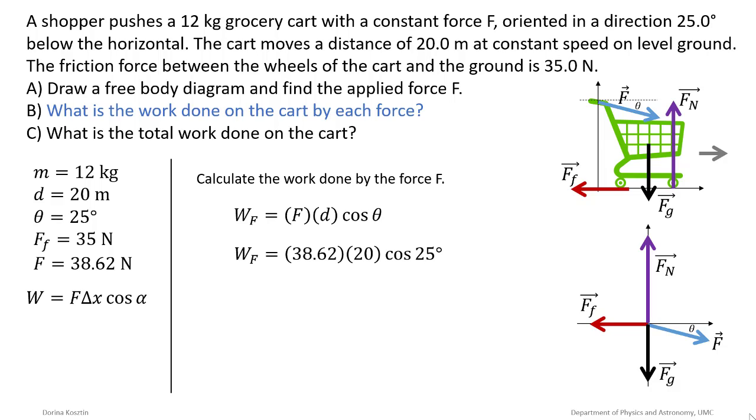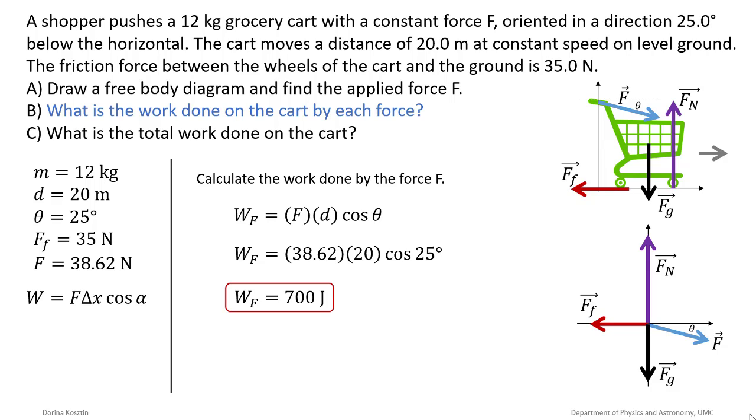The work done by the force F will be equal in this case to 38.62 newtons, the magnitude of force F, multiplied by the distance traveled, 20 meters, multiplied by cosine of 25 degrees, because theta has a value of 25 degrees. In this case, we get a value of 700 joules for the work done by the force F.